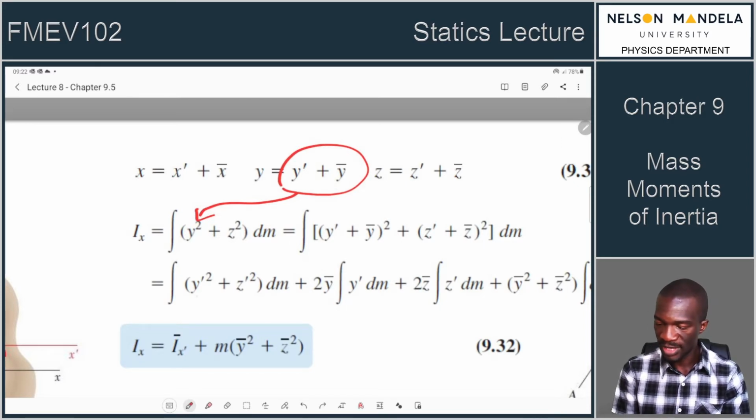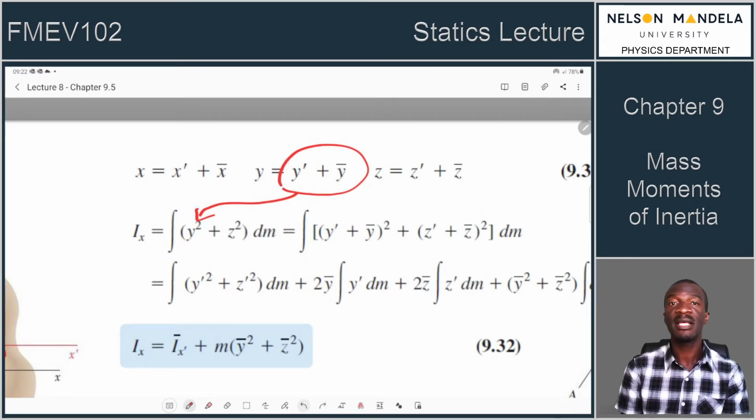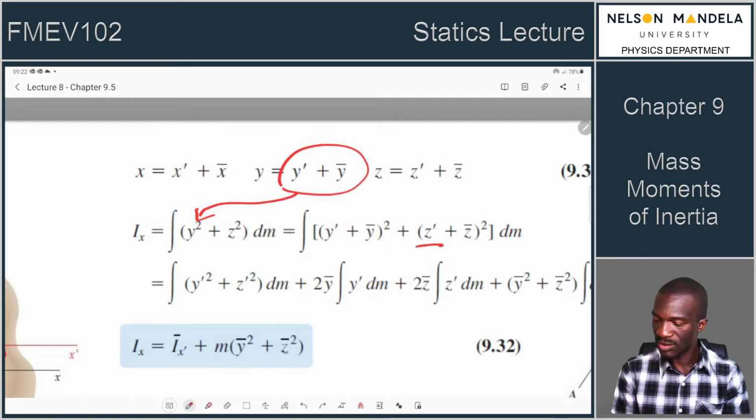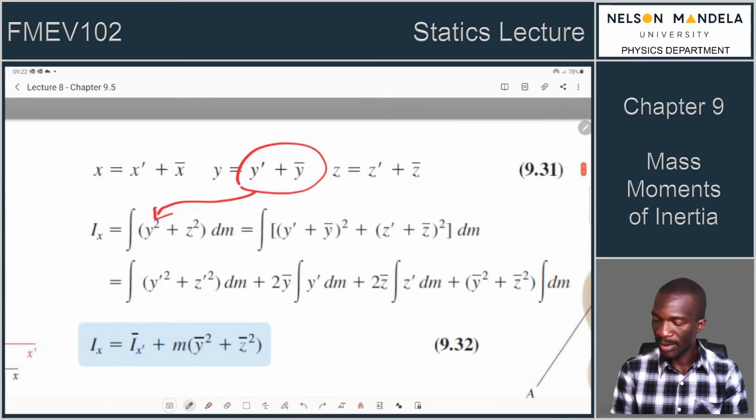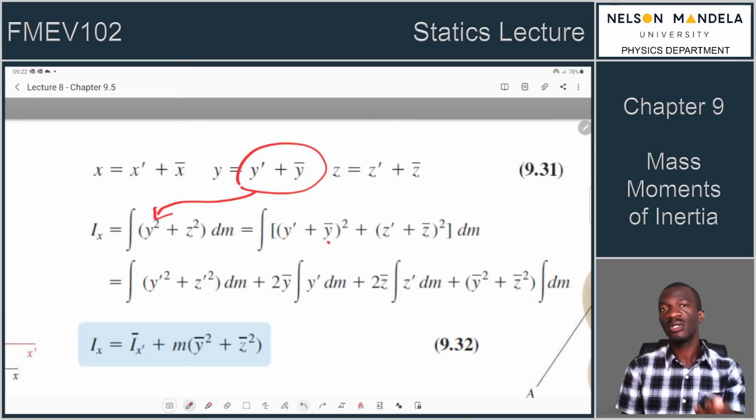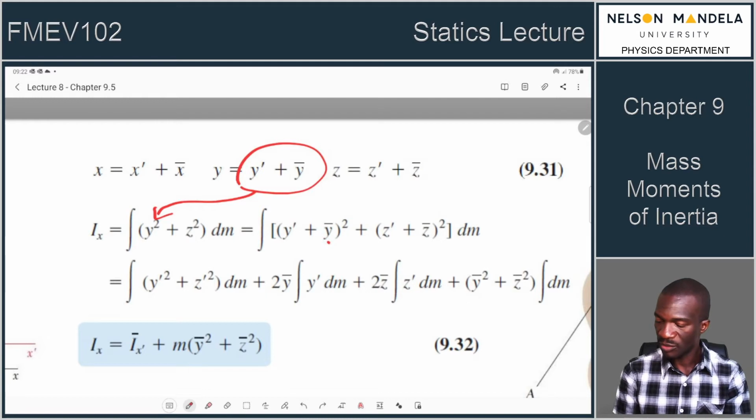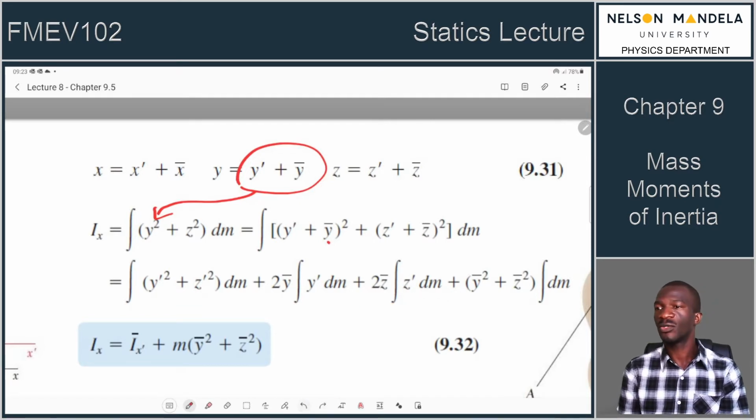So that will be our y prime squared plus z prime squared, right? So this is obviously coming from that term there. The bars that were squared, they add up and they are there because they are constants, which means we can group them together. Then the second terms, which were 2y prime and 2z prime, are also gathered together.